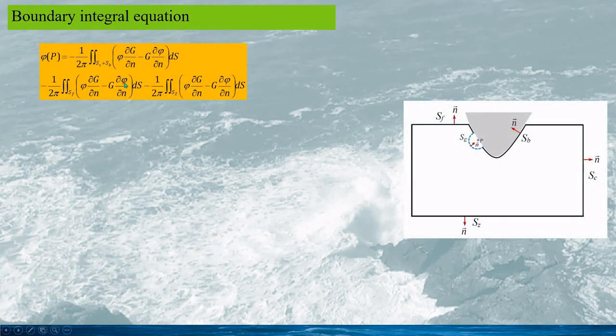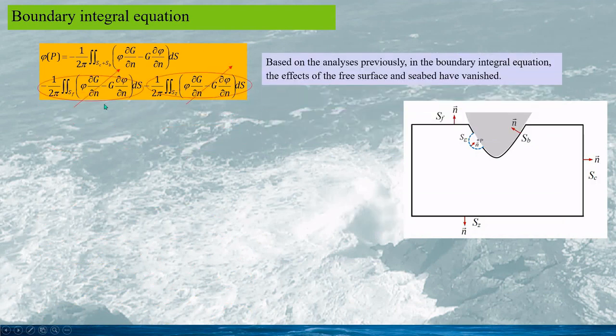This is the conventional boundary integral equation on the surfaces SC and SB, SF and SZ. Because we have chosen the special Green function, the integration on SF and on SZ will vanish.